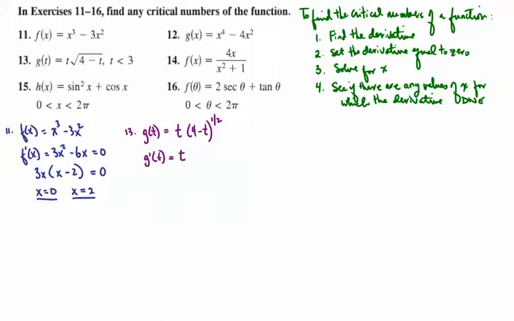So we have t times, and I'll put that in parentheses, how do we find the derivative of 4 minus t to the 1/2? Well, we bring down the 1/2, leave the inside alone, reduce the 1/2 by 1, giving us negative 1/2, and then take the derivative with respect to t of 4 minus t, and that's just negative 1. So that's the first part.